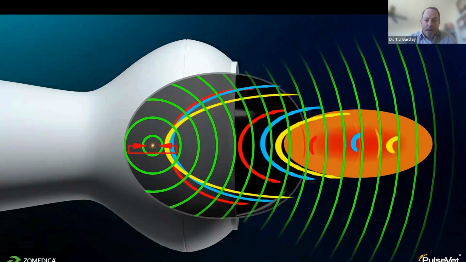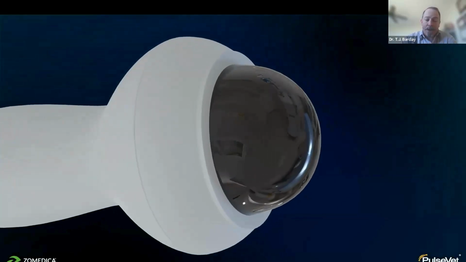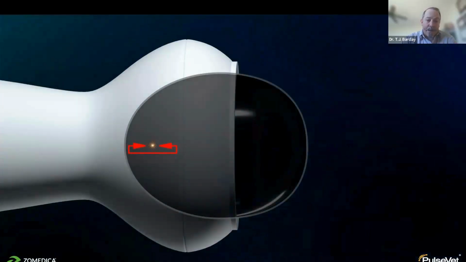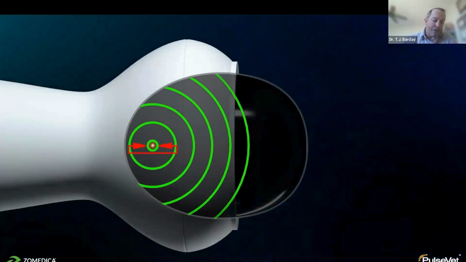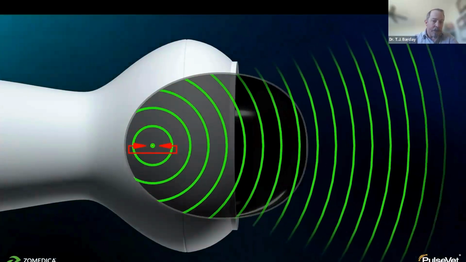Basically, there is a fluid-filled head that contains a spark gap. That spark creates a shock wave within that fluid, and the shock wave radiates out from that spark gap and is focused by a metal reflector in the back, which focuses those reflected shock waves into our focal zone out in our patient. The important characteristic here is these are shockwaves right from the moment of generation at that spark gap. They are true shockwaves and continue to be so as they're focused into the tissues.